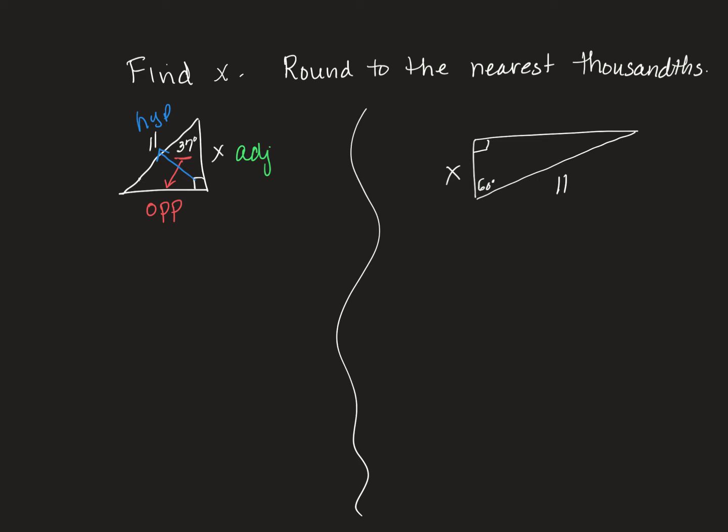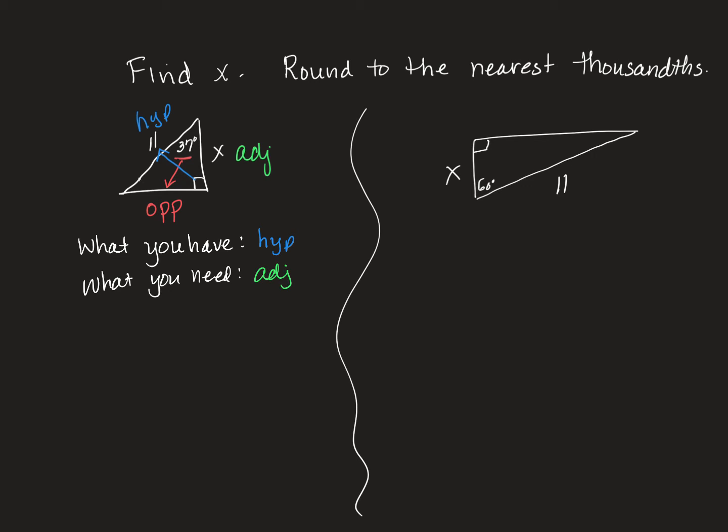So, you might want to label what you have and what you need. Okay, that might be helpful. So I have the hypotenuse, I need the adjacent, right?